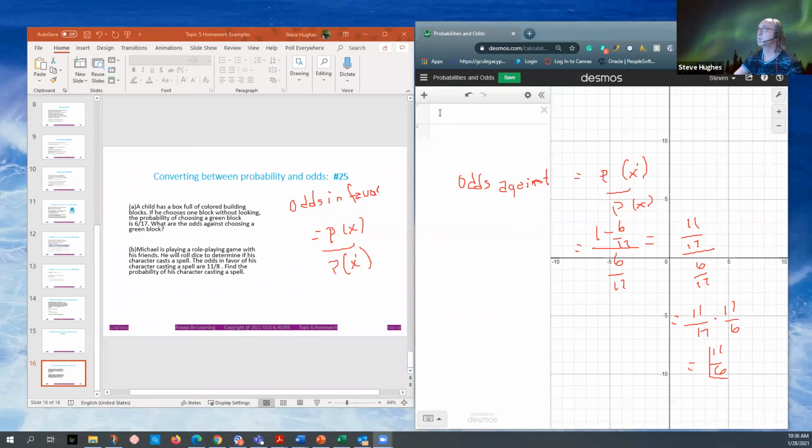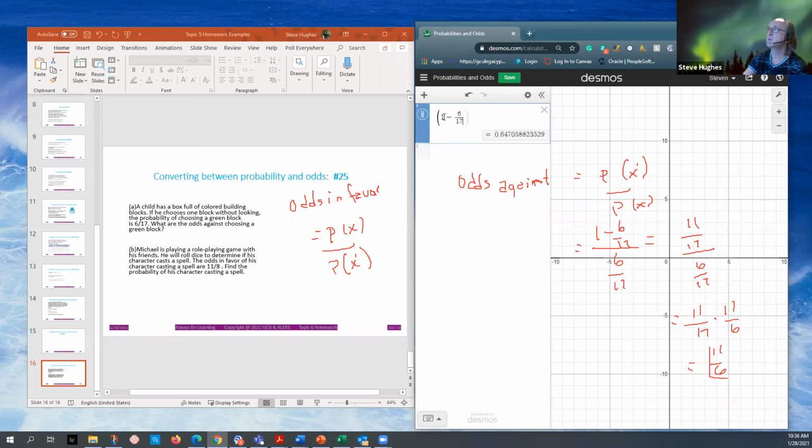All right, so let's put this in our calculator. I'm going to start right from the very beginning. I open my parentheses, 1 minus 6 divided by 17, close my parentheses, divided by 6/17. So once again, what am I doing here?